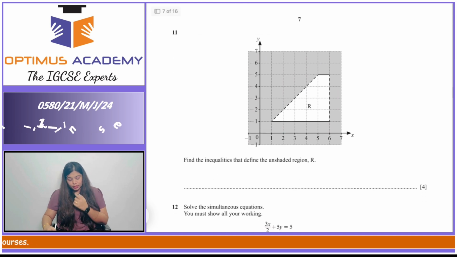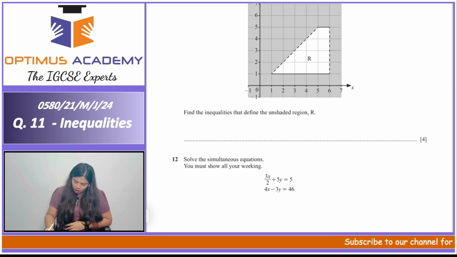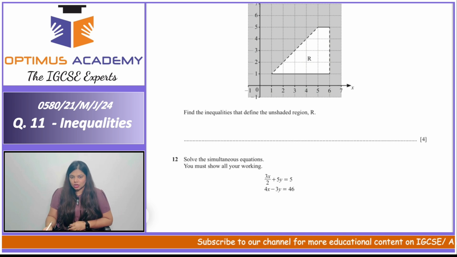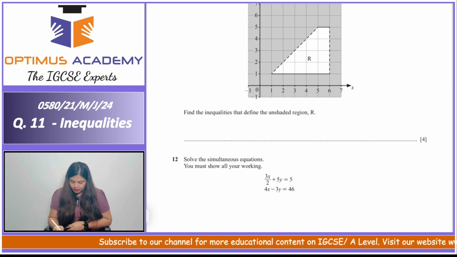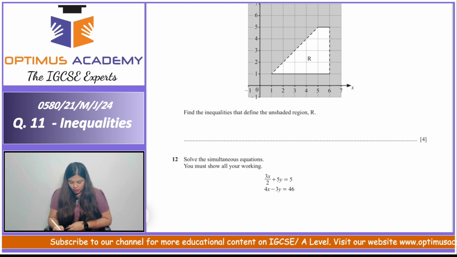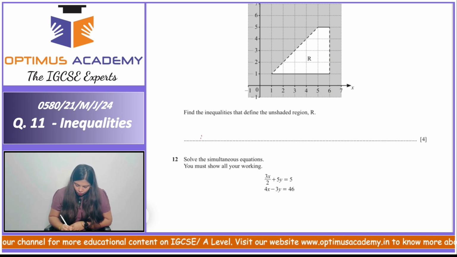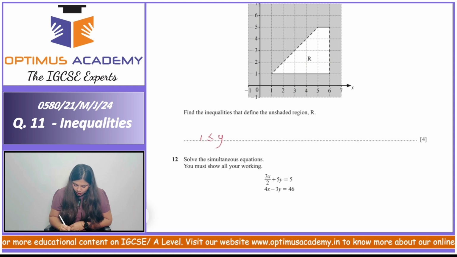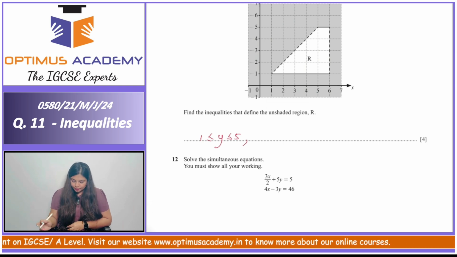Now, moving forward to question 11. In question 11, they have told us to find the inequalities that define the unshaded region R. So, we have to write the equation of all the lines surrounding the region R. Here, we know that we have two horizontal lines, that is y equals 1 and y equals 5. So, we can write this as 1 less than or equal to y less than or equal to 5 for both the horizontal lines.